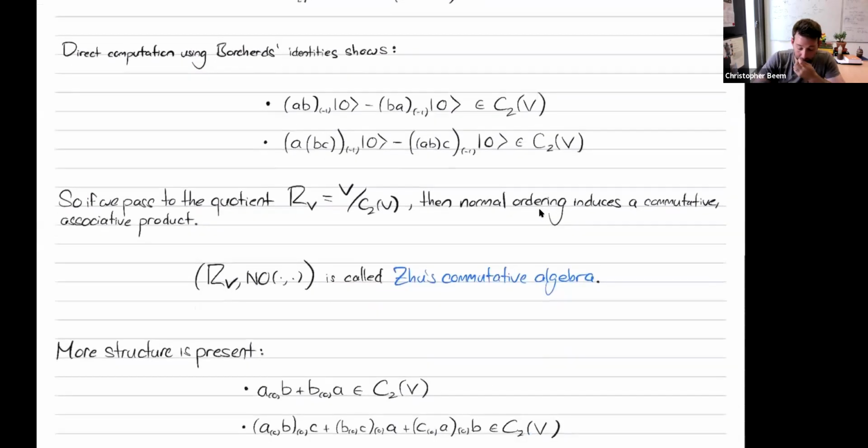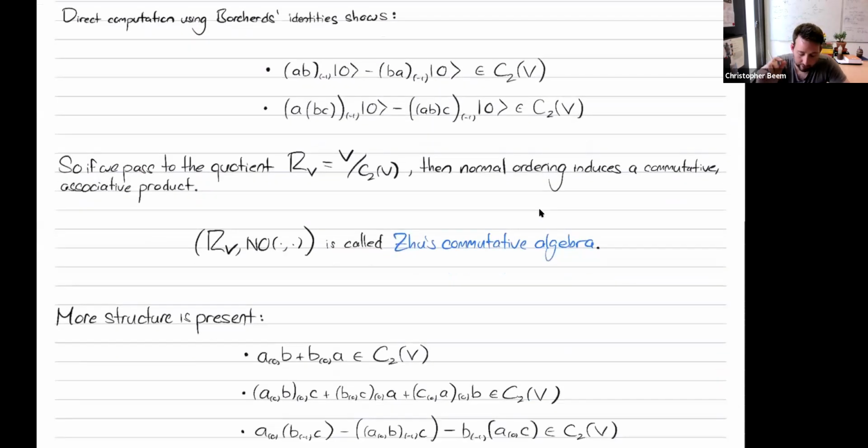Using the Borcherds identities to tell you about various reorderings, you can show that if you take the normally ordered product of two states, and you change A for B, even though normally ordered product doesn't commute, the difference, the commutator, lives in this C2 space.